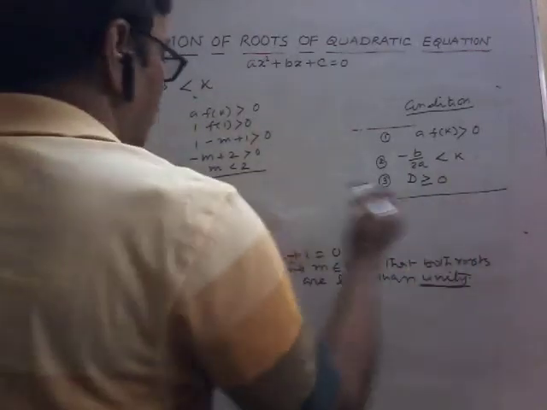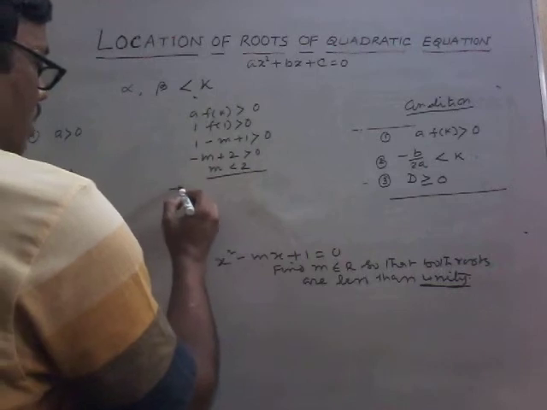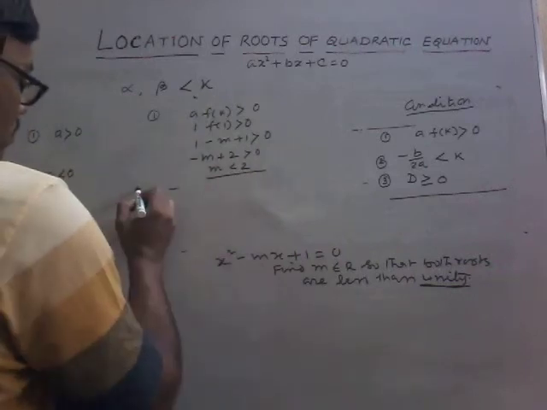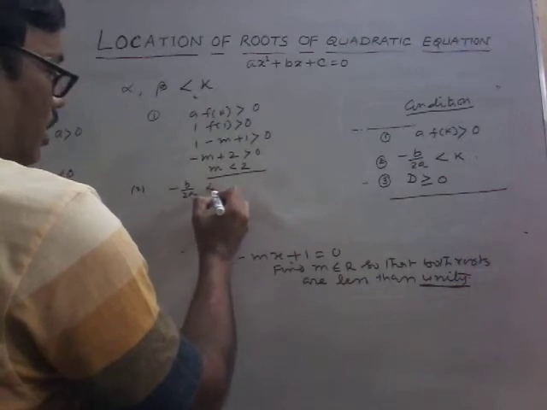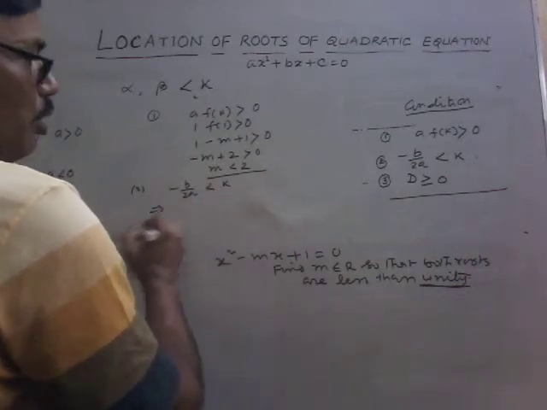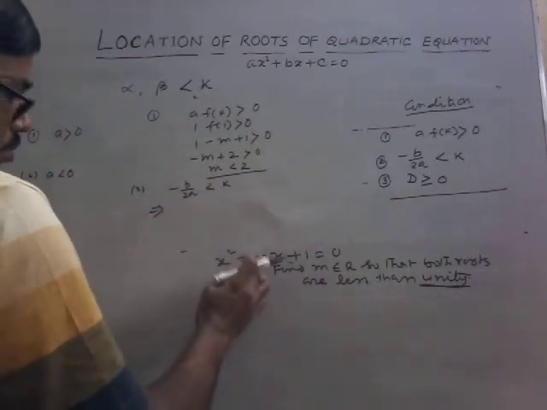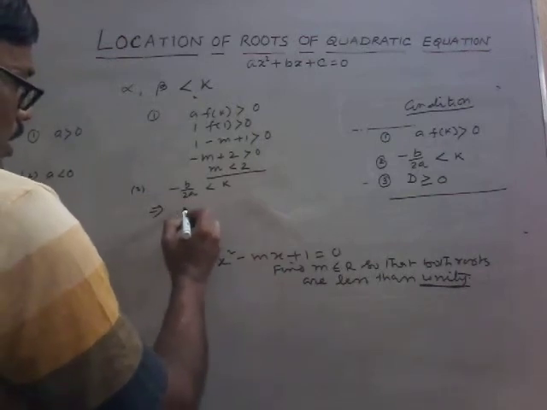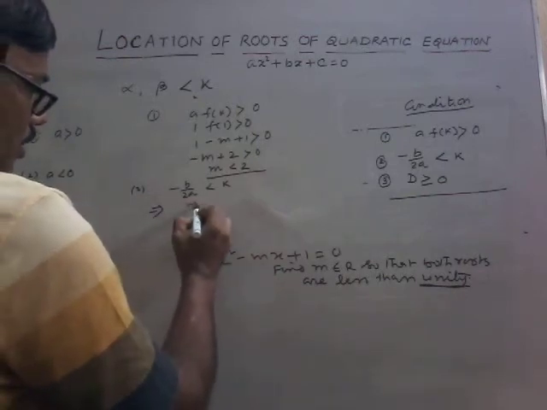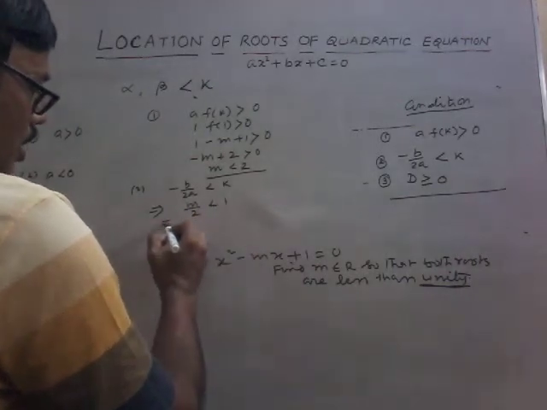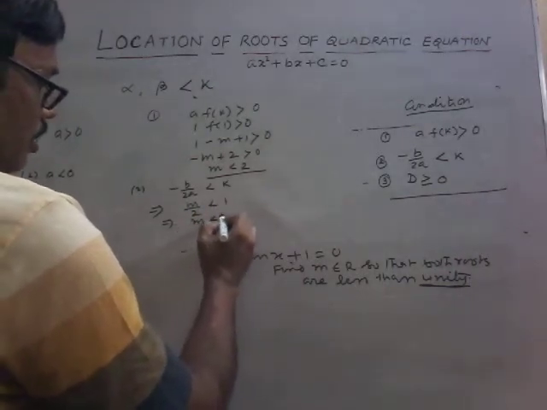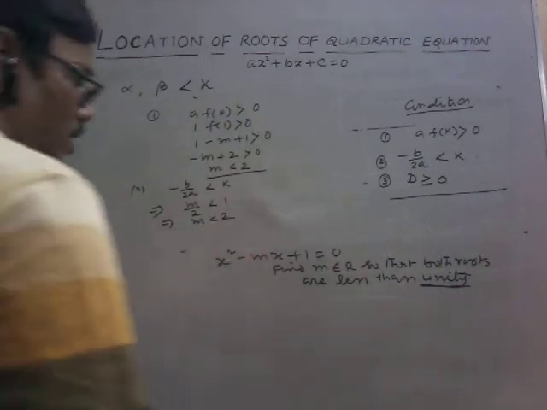Now the second condition, minus b by twice a less than K. So minus of minus m by 2 less than 1. So here we are getting the same condition, m less than 2.